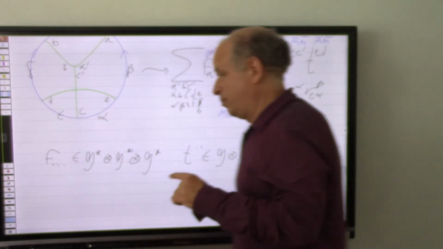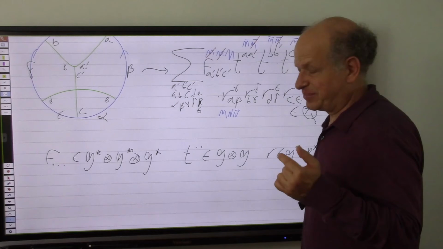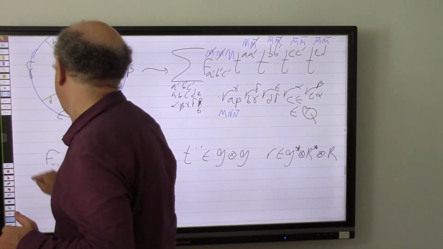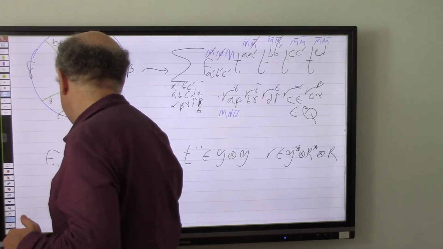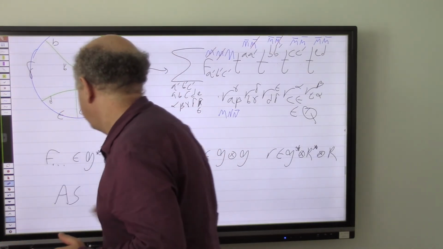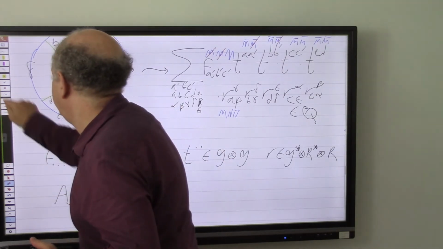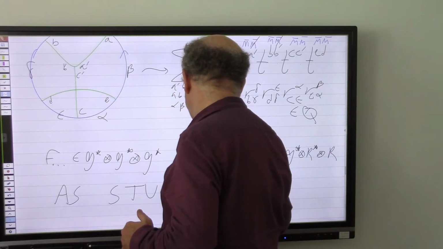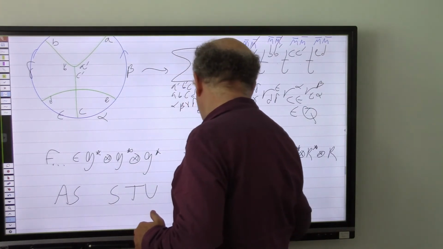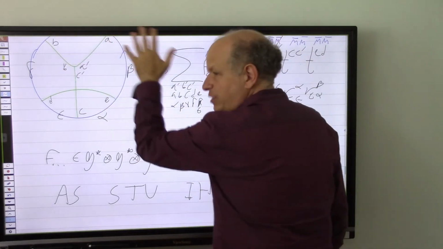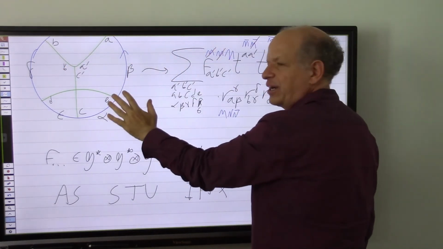Well, but I'm not done yet. I still have to prove the antisymmetry, the STU relation, and the IHX relation. Until now, we have a functional on diagrams, and it's a well-defined functional on diagrams.